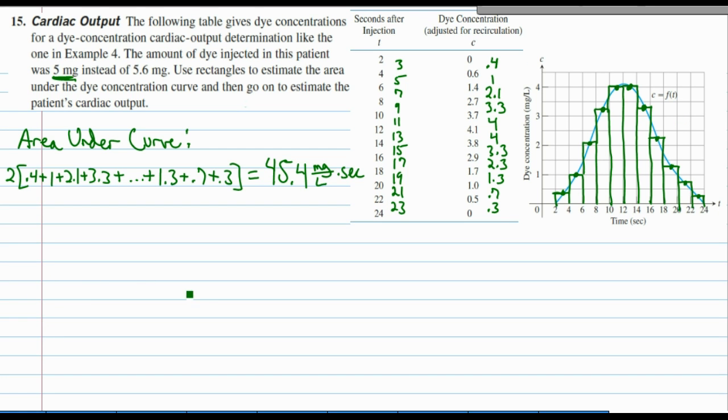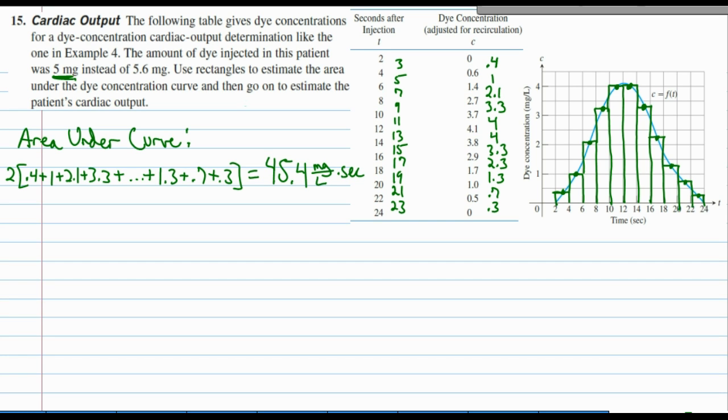So after adding up all the heights and then multiplying by 2, I find that the area under the curve is about, because this is always an estimate when you're guessing on the Y values or using rectangles, 45.4 milligrams per liter times seconds. Again, our Y values are in milligrams per liter, and then times 2 would be the seconds. So now I'm trying to get liters per minute.